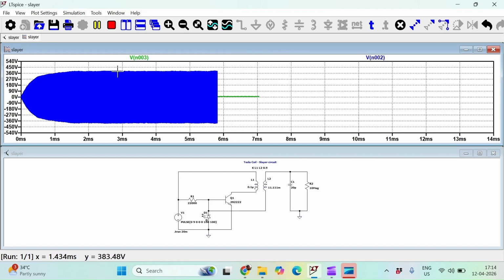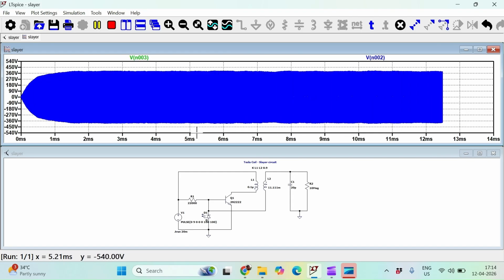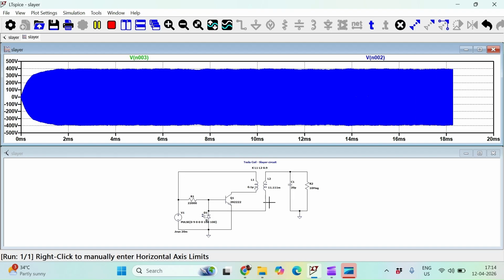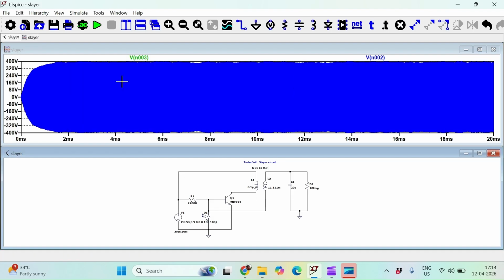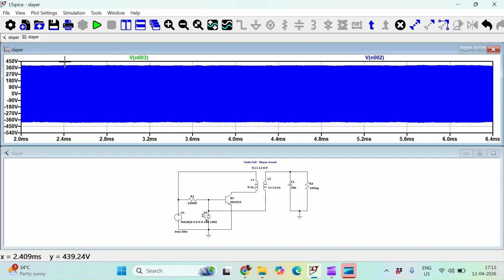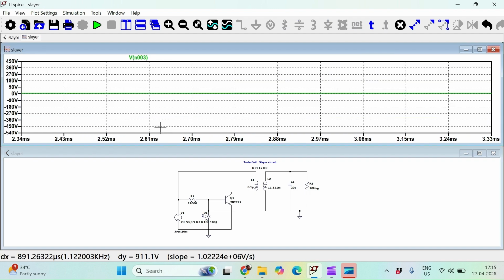The waveform that is loading in blue color is the voltage across the secondary of the coil. As I magnify the waveform, let's find out what the frequency is.